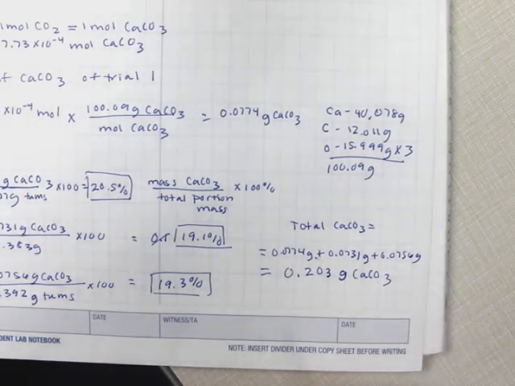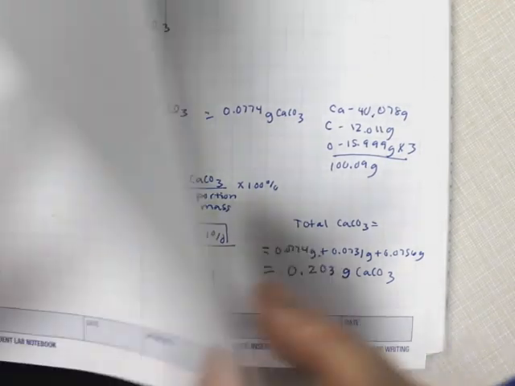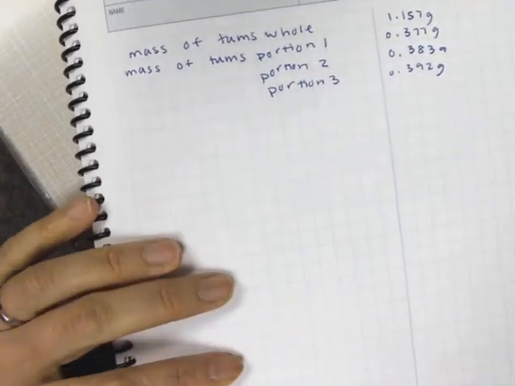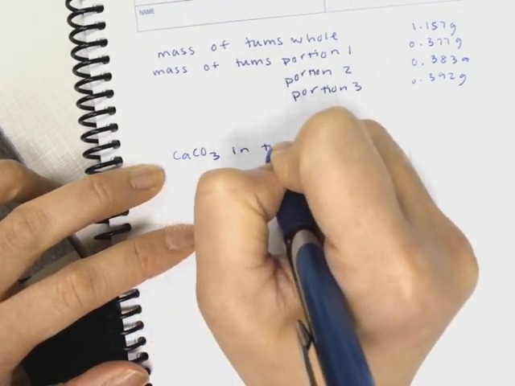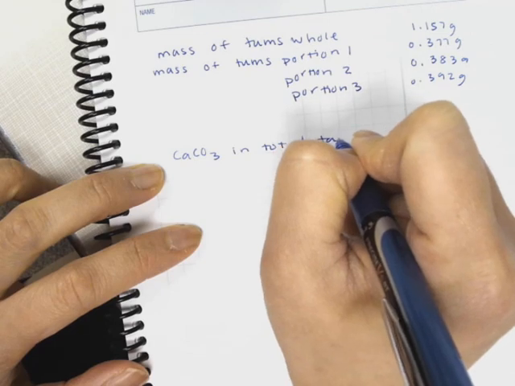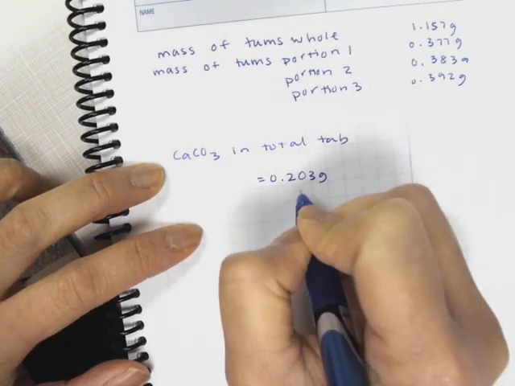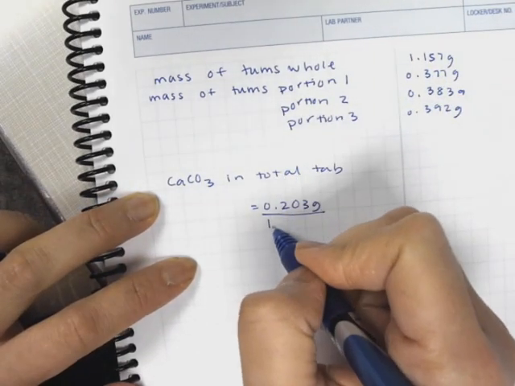To determine the percentage in the total tablet, I'm going to carry that number over here: 0.203 divided by the total mass, which was 1.157.